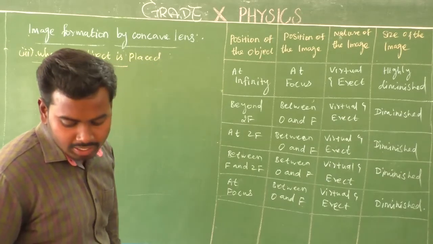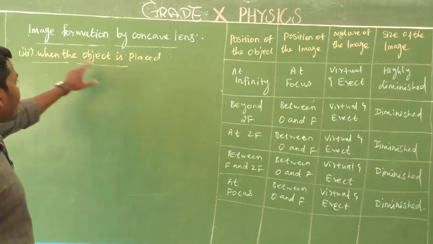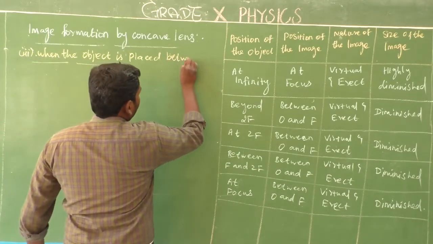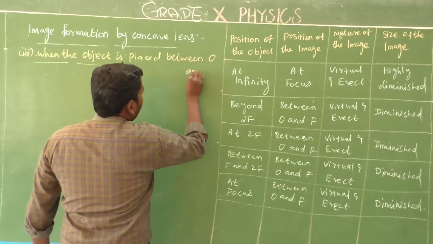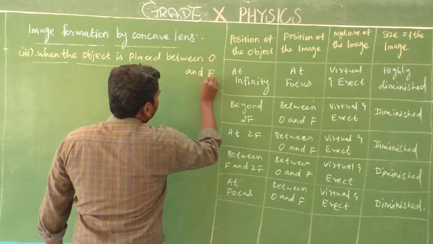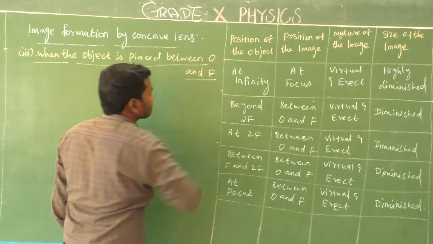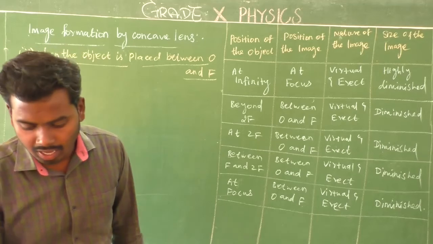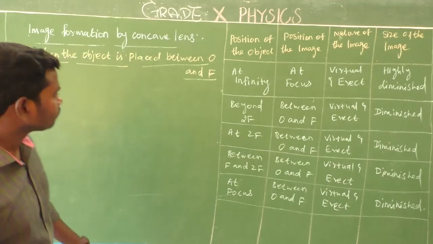This is the last one, final one. When the object is placed between O and F, which means between optical center and the focus F. That's all, very simple. Is that clear? Yes. Let's get started.